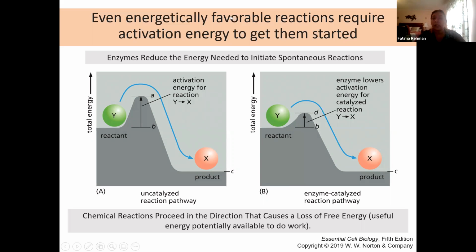That is an important point to remember about enzyme kinetics: enzymes can only help those reactions that are energetically favorable, but just needed a little push to get over that hump so that they could create the product. Enzymes do that by reducing the amount of activation energy needed by that reaction, so that the reactants can be converted into products a little bit easier and in a more favorable manner.